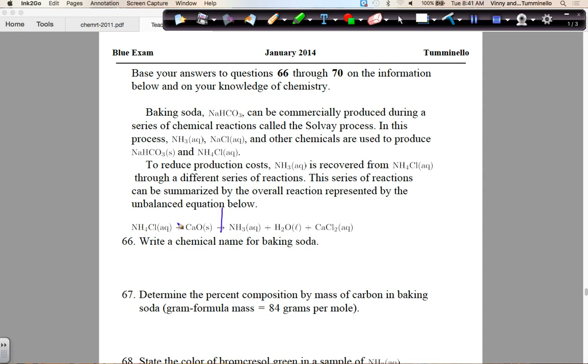We have 4 H's on one side and 5 on the other. We have 1 Cl on one side and 2 on the other. Calcium is balanced with 1 on each side. Oxygen is balanced with 1 on each side. And if I put a 2 in front of my ammonium chloride and a 2 in front of my ammonia, that balances out the entire reaction. You also could optionally put 1s in front of the other species.